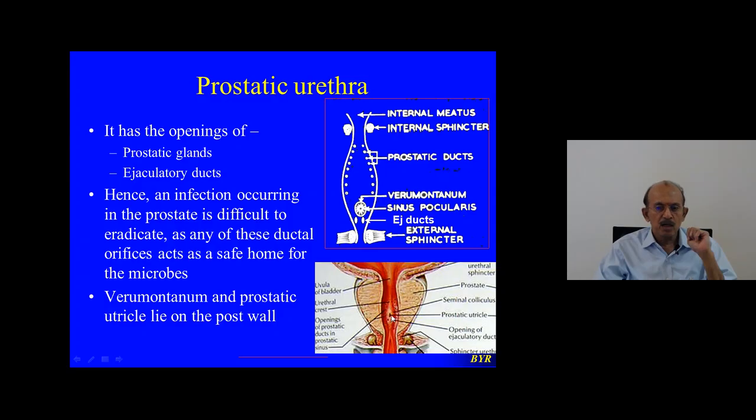You should not go below the verumontanum, because if you cut below it, there is a chance of damaging the external urethral sphincter. The sphincter's muscle will never go above this line. So you must keep your cutting loop above the verumontanum only.